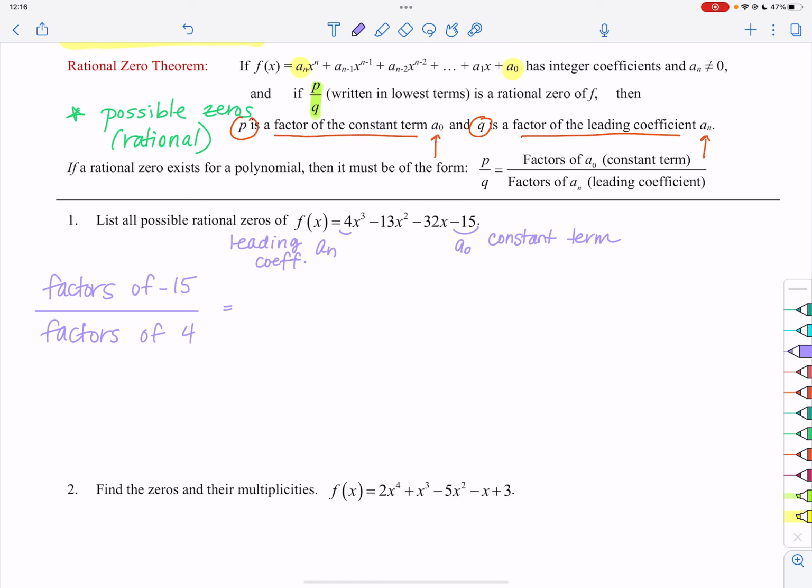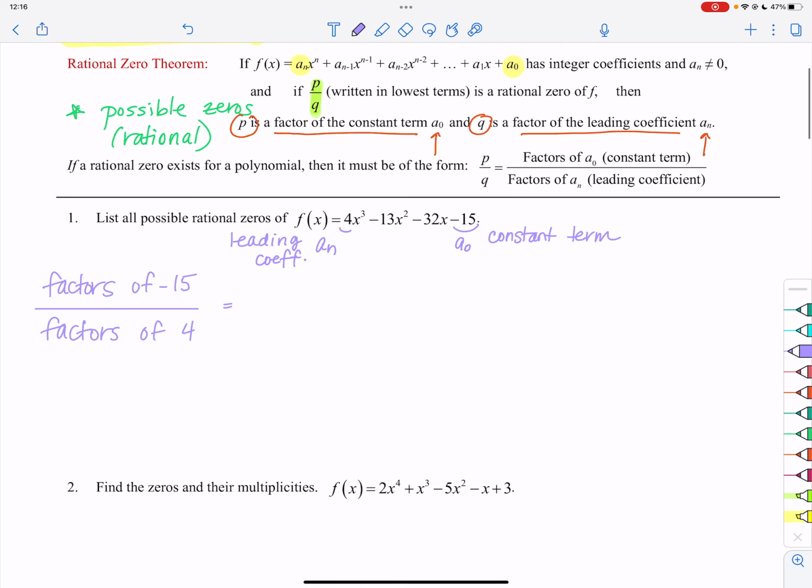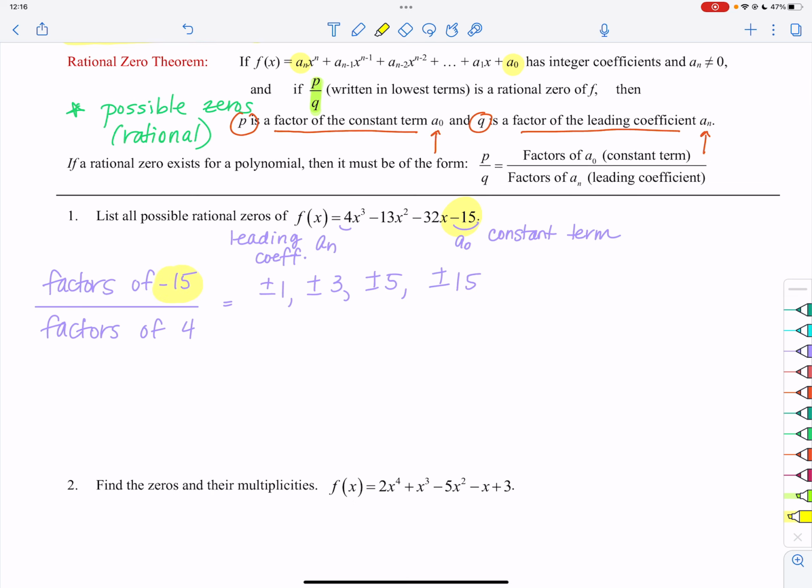And that's equal to, let's start with negative 15. We have plus or minus 1, plus or minus 3, plus or minus 5, and plus or minus 15. All of those are factors of negative 15. Okay? Now, let's talk about factors of 4. And those are going to be plus or minus 1, plus or minus 2, and plus or minus 4.